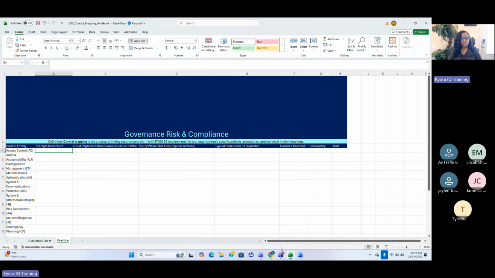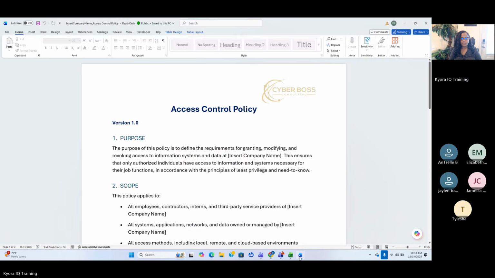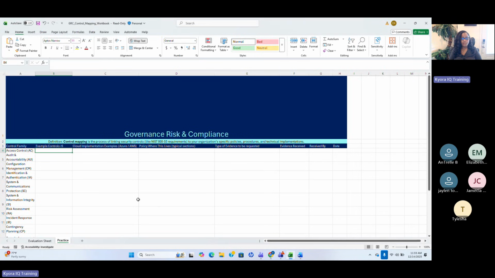So for the example that we just used, this is how we're going to break down what we're going to be testing. So for the first one, it told us that for the access control policy, AC1 was present. So we can go back into the book and we can put AC-1.